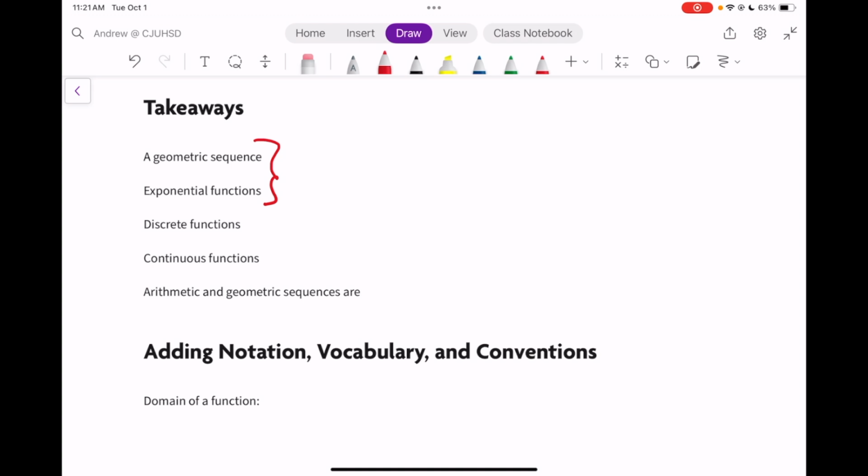A discrete function and a continuous function. A discrete function is where the dots don't connect. And the reason we don't connect them is because there's nothing happening in between the dots.